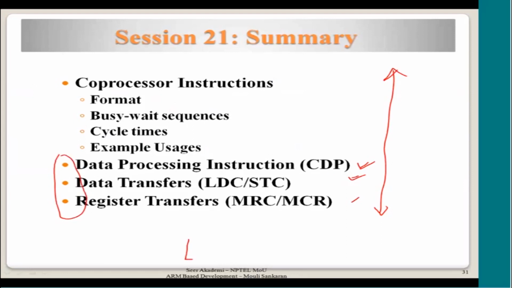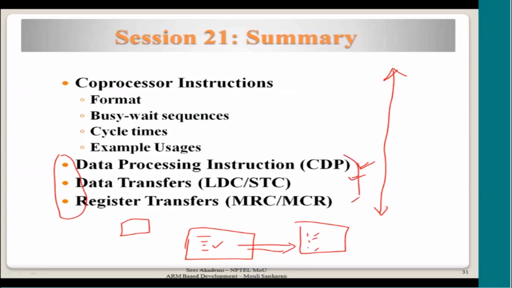Then you will be able to understand that some of the instructions in the coprocessor may be implemented using one of the 3 types of instructions. Okay, it will be encoded as one of the 3 types of instructions. And you will be able to appreciate how the transfer is happening, how many cycles they take, how the memory, if it is something to do with the memory, how the address is generated by ARM, and how the coprocessor is interfaced with that.